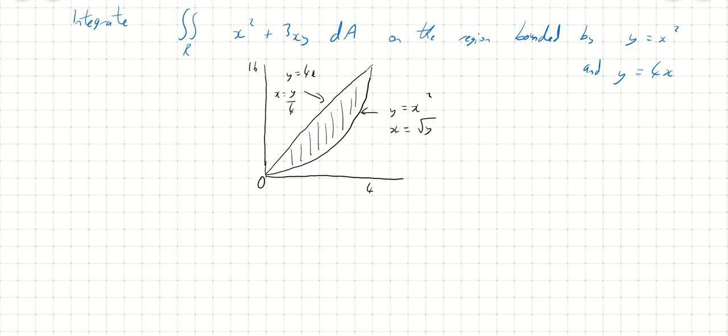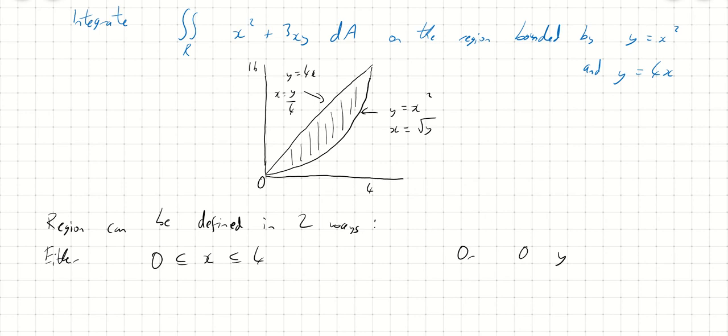The region can be defined in two ways, really. There's two options. Either we say x varies between 0 and 4, or we say that y varies between 0 and 16.